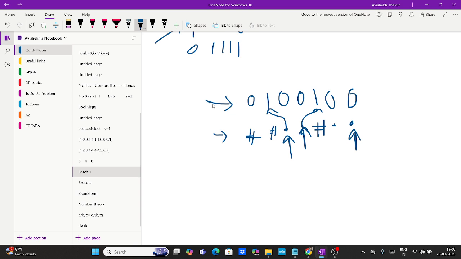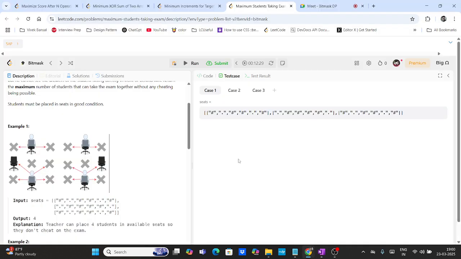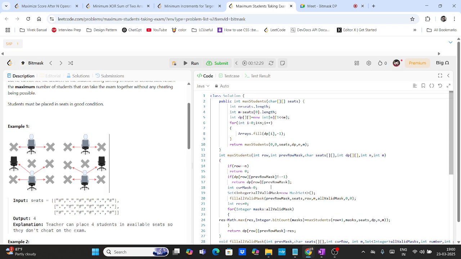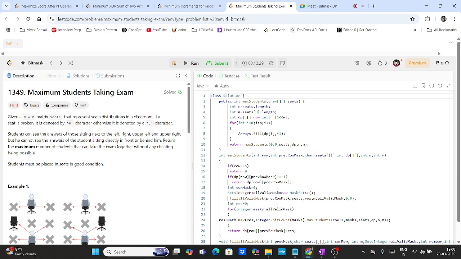You need to maintain a previous row mask, and you need to solve this problem. This is a little longer code. I can write it now, but I would ask you to write it because you have learned all the things, so now you should write the code on your own.